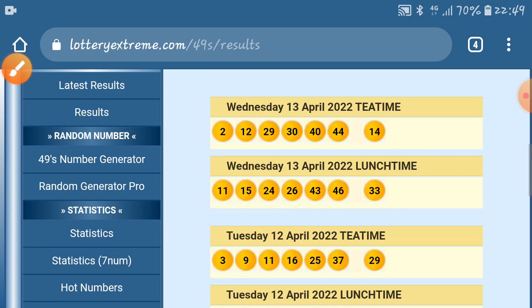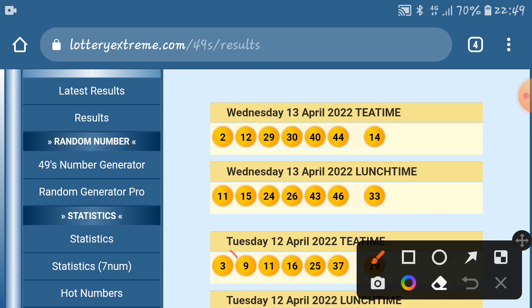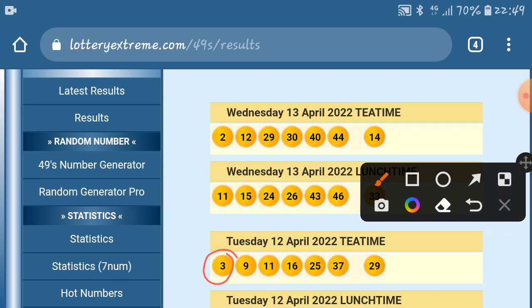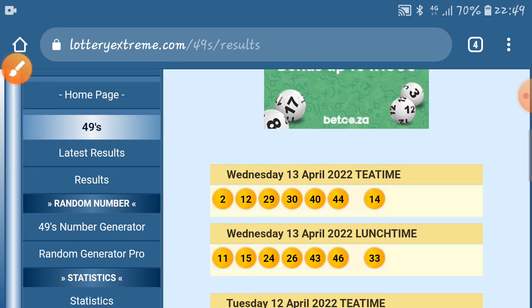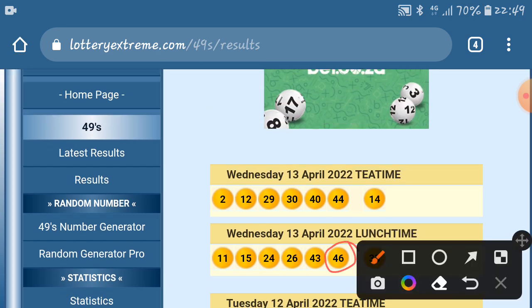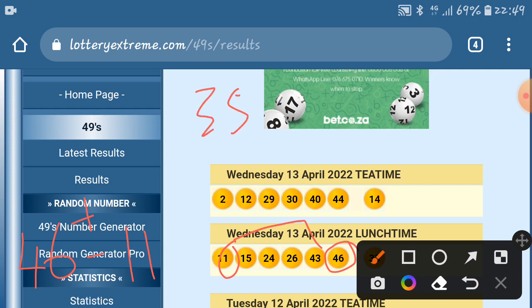Okay, now 37 plus 3 equals 40. 46 and 11. 46 minus 11, I'll also do a plus. 46 minus 11 is 35.